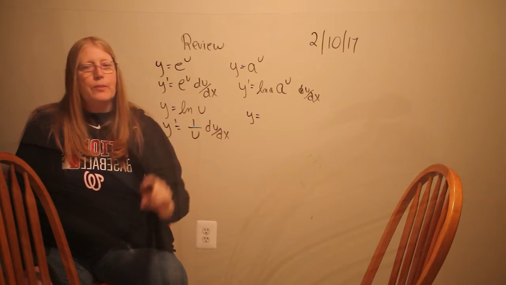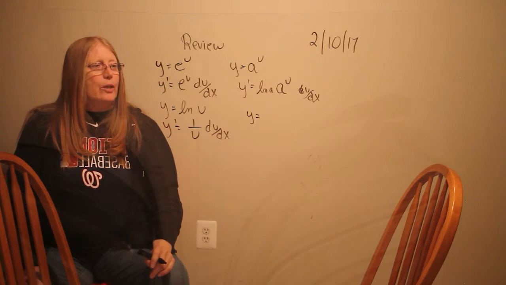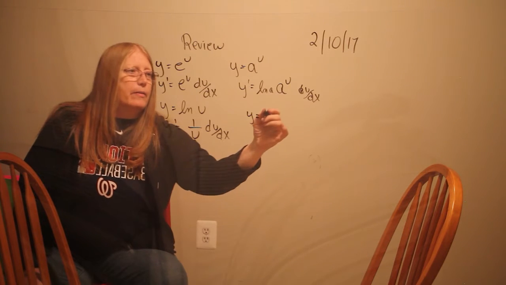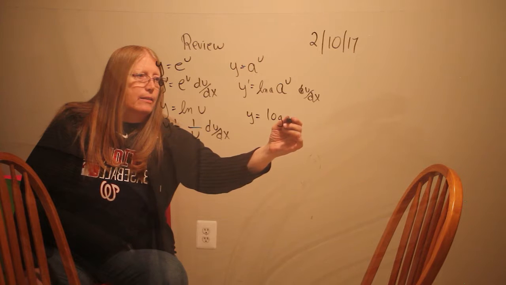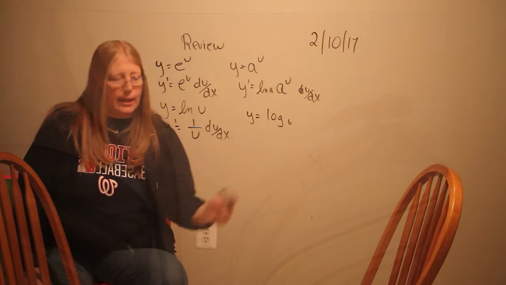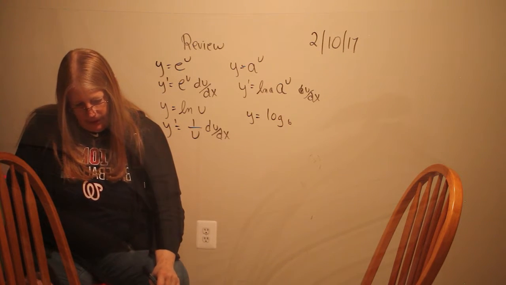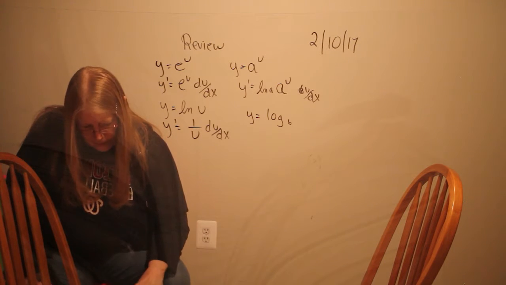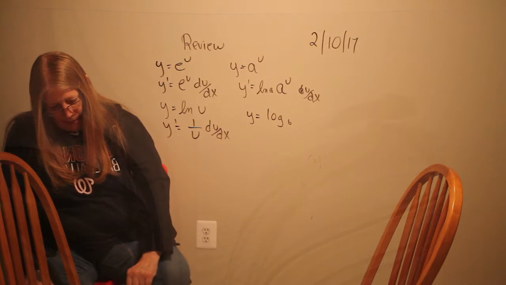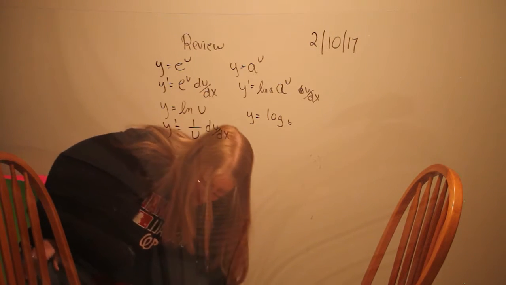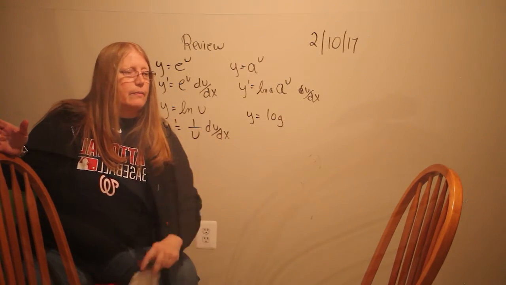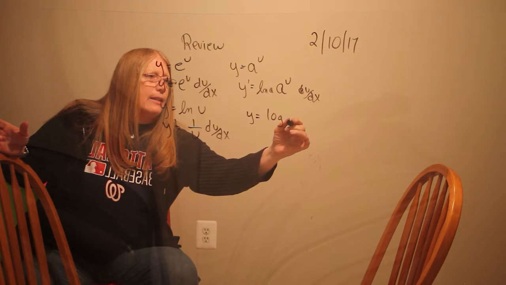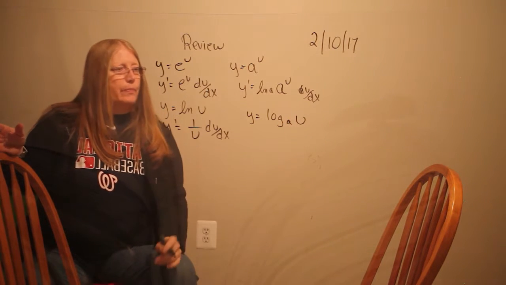All right, and then we'll look at this one. ln means base e, so I'm going to look at a different base, like log to the base b, some base b. How did I say that? I think I said log to the base a. So let me stick with that. All right, so log to the base a of some expression u.